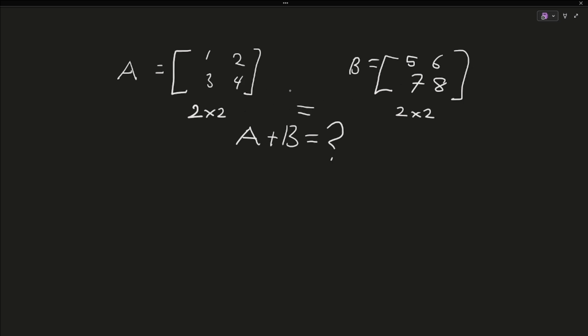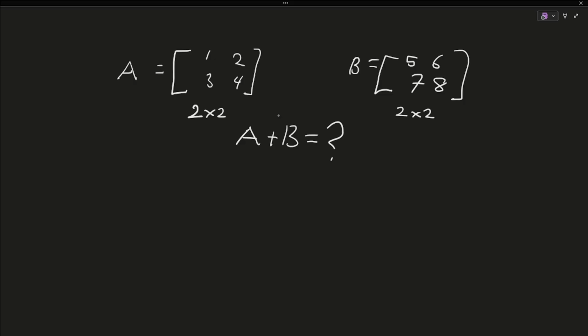So if we had, let's say, a 2 by 2 matrix plus a 2 by 3 matrix, we wouldn't be able to make this addition because addition requires us to have the same size of matrices. So thankfully this is not the case here, and we are able to make addition with these matrices.